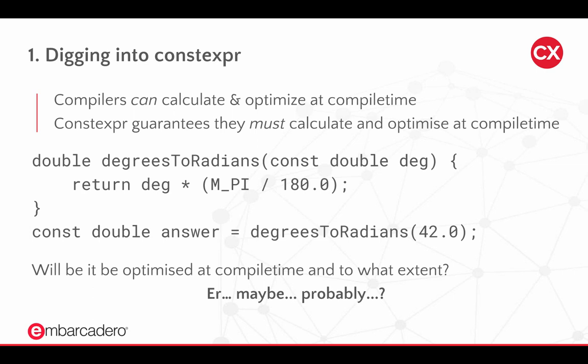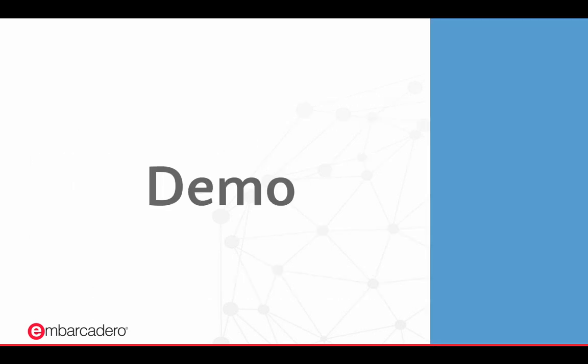So the runtime behavior will be exactly the same, because the variable answer will contain exactly the same value. But degrees to radians will never actually be evaluated at runtime, because it will have been replaced by the compiler with the result of the expression. And the way that you can enforce or guarantee this is through constexpr. So let's have a look at this.